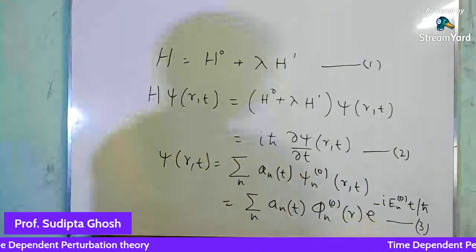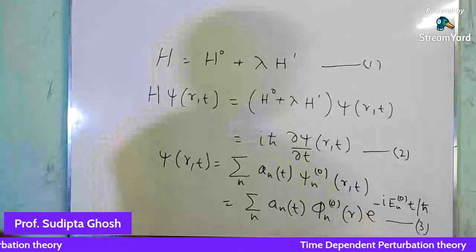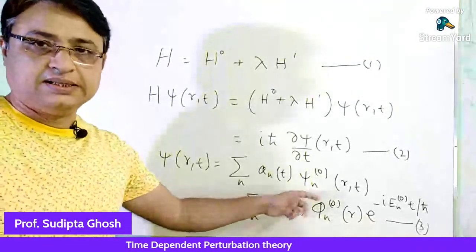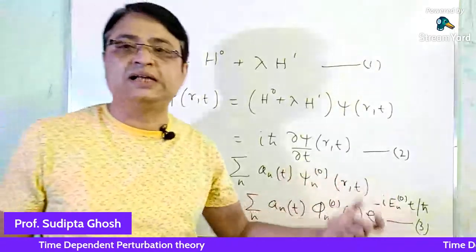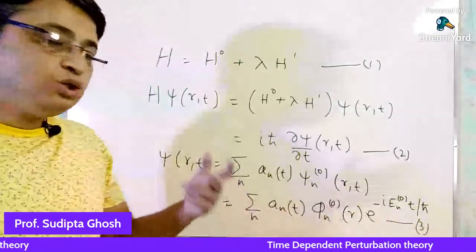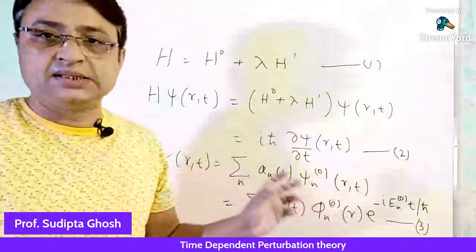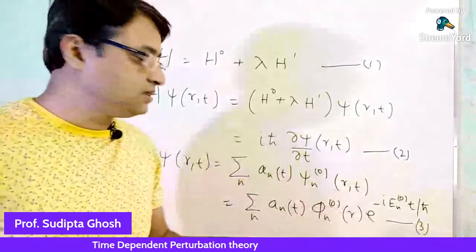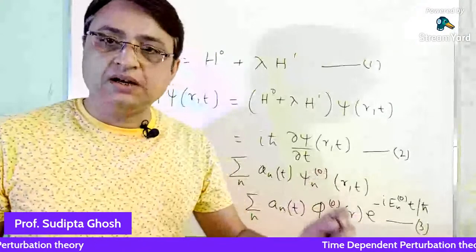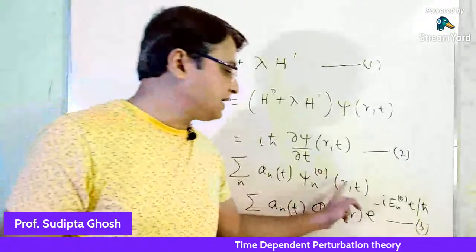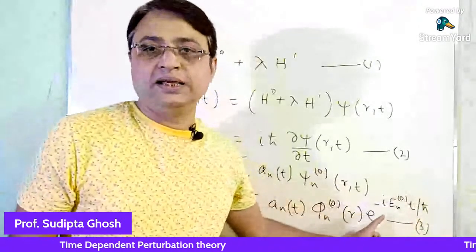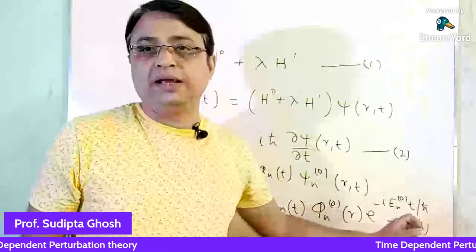Now what we can see is that this function psi n0(r,t) is a function of position as well as time, and it can be written as a product of two functions, where phi n0(r) is the position dependent function and the time dependent function is e to the power minus i E n0 t by h cut.